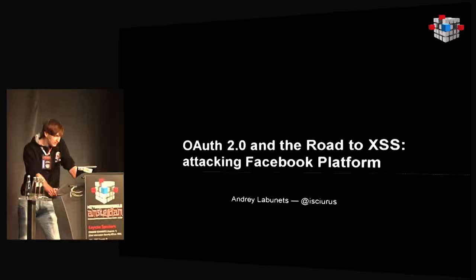And the authorization protocol gives both sides, the users and the developers, a way to retrieve their data and to use this data and to give some kind of control over this process. So I will explain that there is still much we should understand to build a secure OAuth implementation.